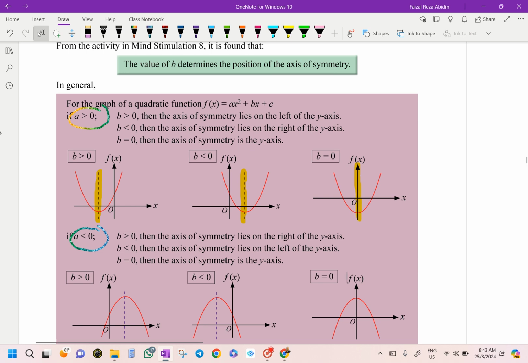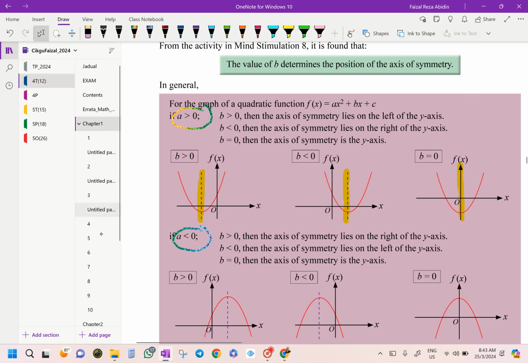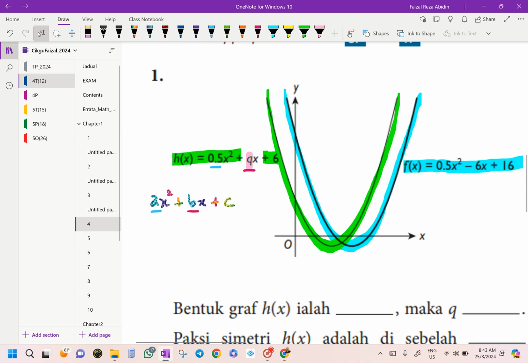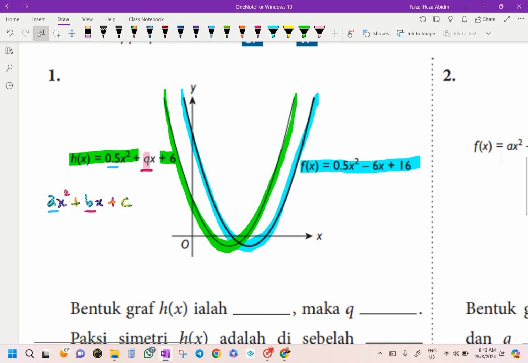So if you compare back with our graph that we have at page 4 here, where is your axis of symmetry? For H here is going to be this one. Okay, untuk ni sini. So it's going to be where? The axis of symmetry on our right side or left side of our y-axis? Right side.